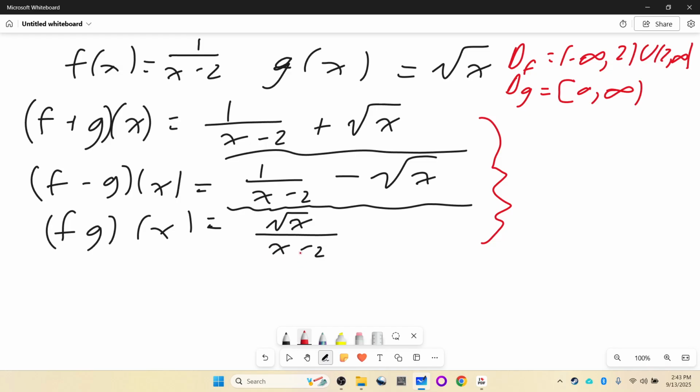I know there's a denominator, but that's already taken care of when we did f. So domain for each of these would be negative infinity to... No, hold on a second. That's not right. Not negative infinity. The square root starts at 0, so the domain of the combined function would also have to start at 0. So it would be 0 to 2, parenthesis, union 2 to infinity.